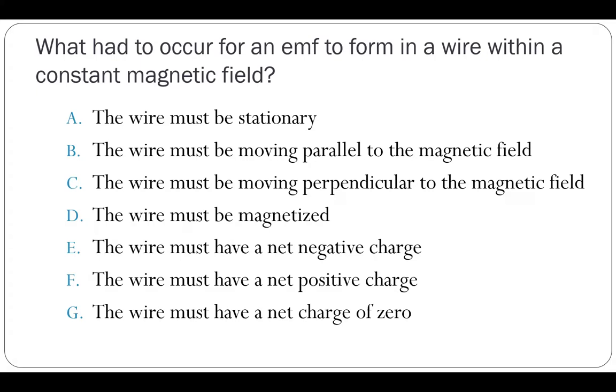Okay, so here is our first question. What had to occur for an EMF to form in a wire within a constant magnetic field? So this is just referring back to what we talked about in class on Friday. Woohoo, first answer.